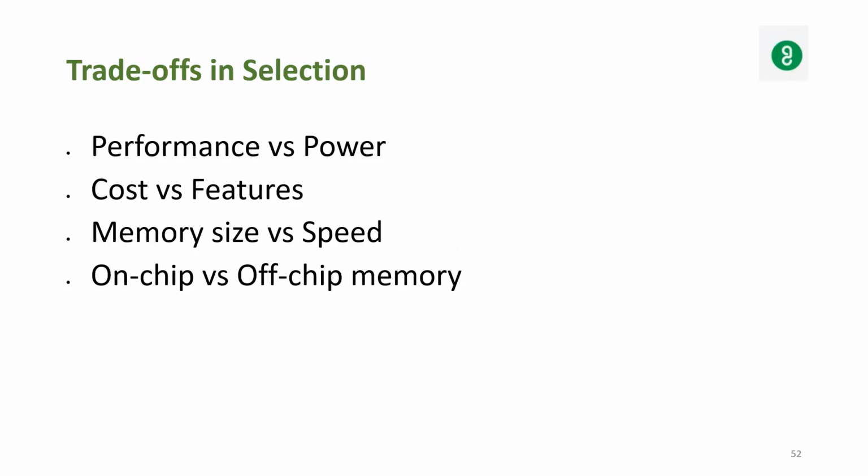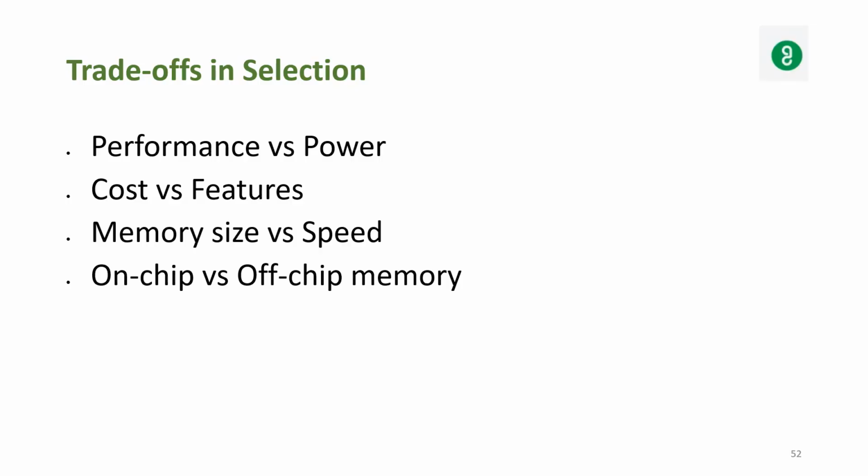The trade-offs in selection: first thing is performance versus power, because a high-speed device will take more power. The cost will be high and the features will also be more, and the size of memory you require may be more.